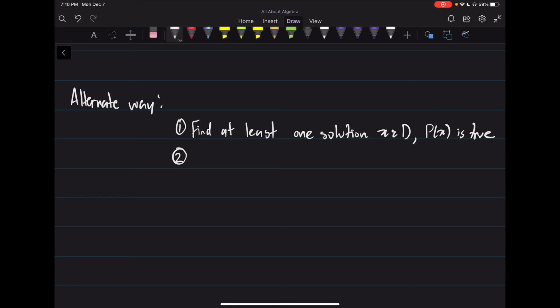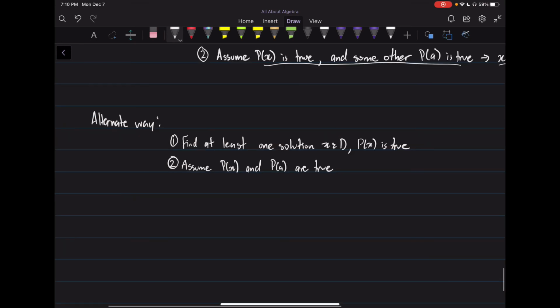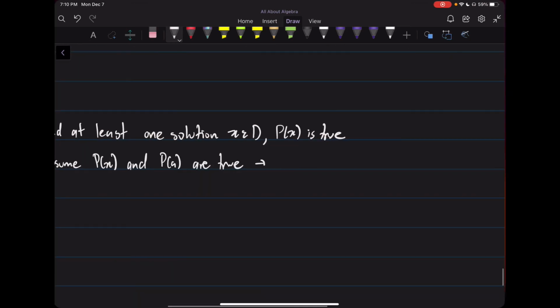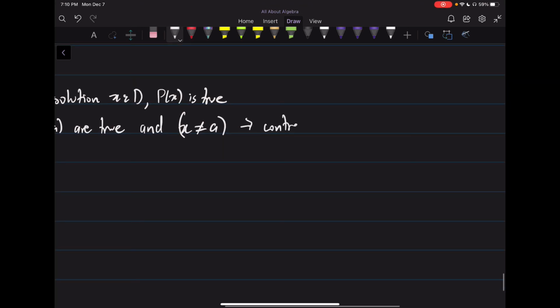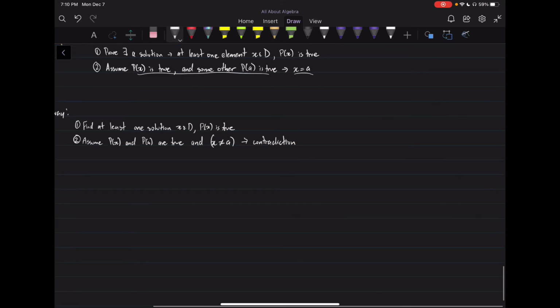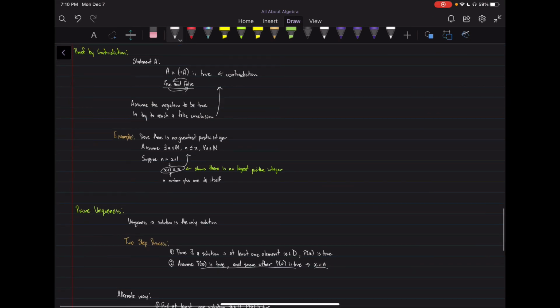You can assume p of x and p of a are true, and that x is not equal to a. So you make this assumption, and then prove that this is a contradiction. Again, using what we had earlier, proof by contradiction.